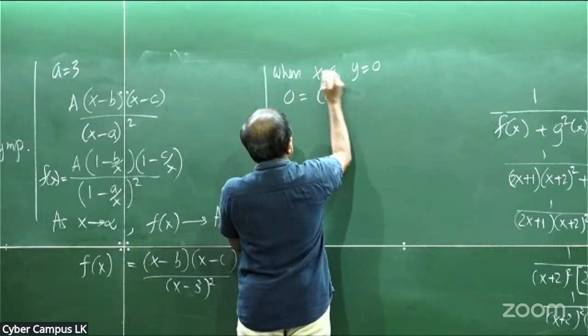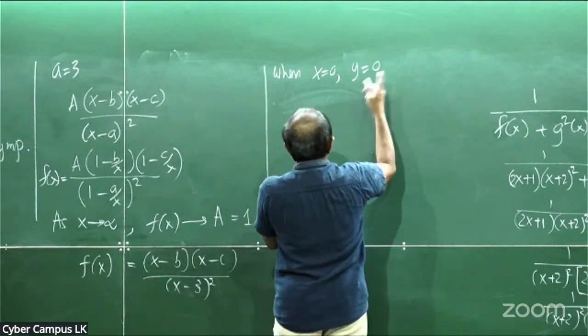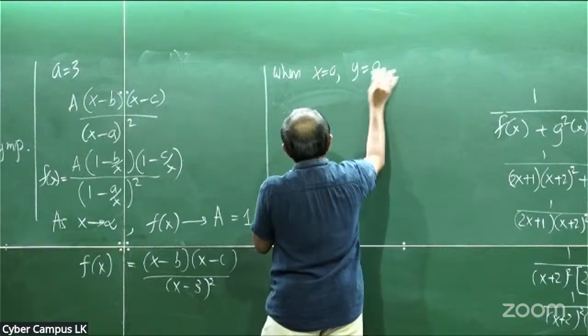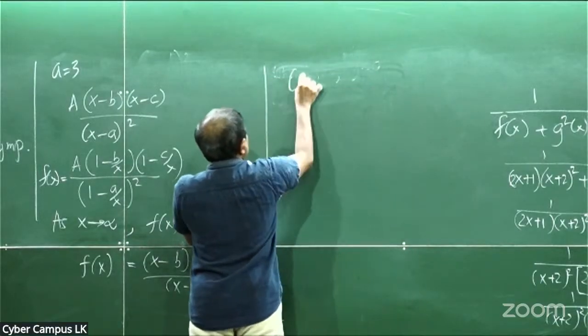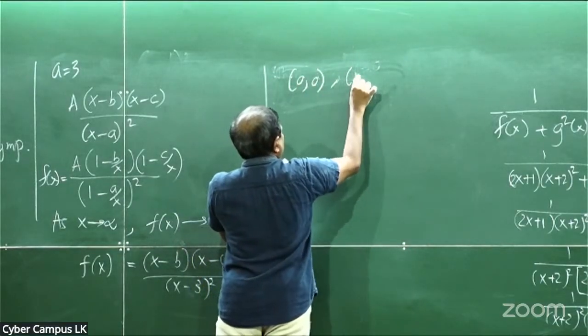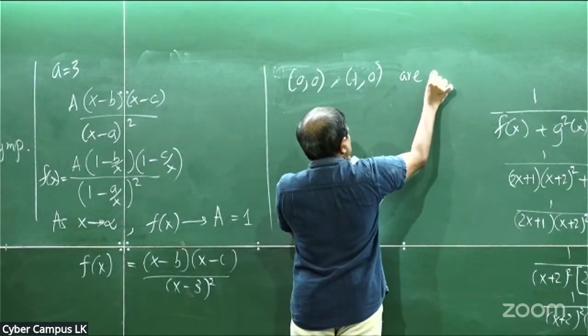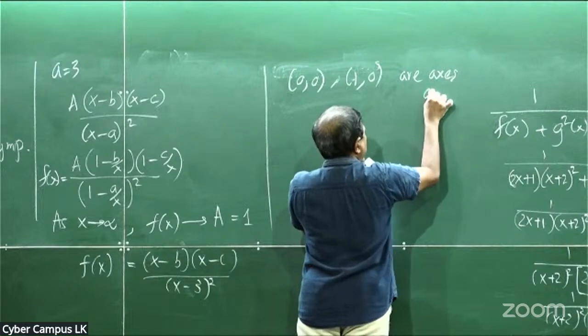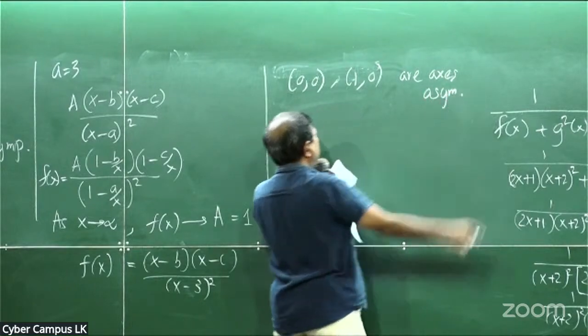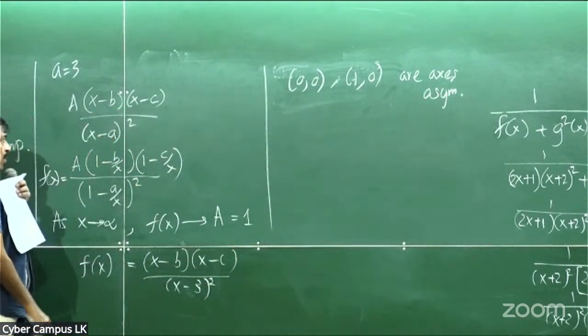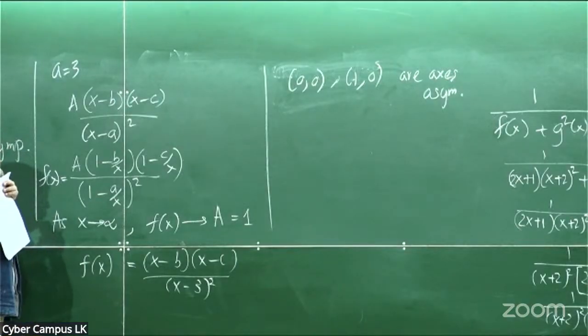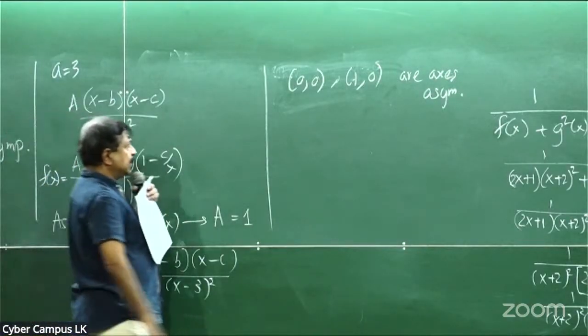I mean, we don't have to go through these things. There are two x-intercepts. When x is 1, y is 0.